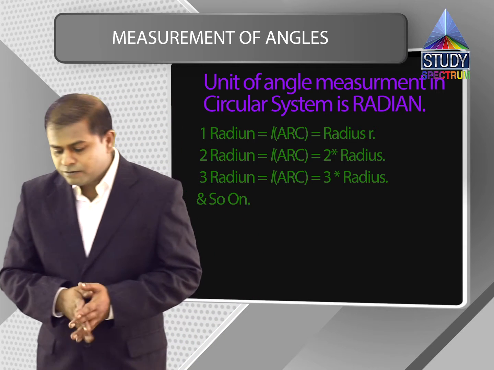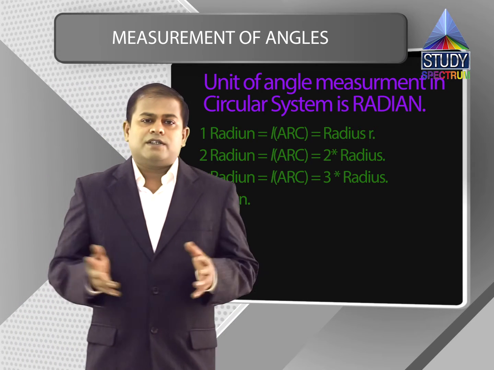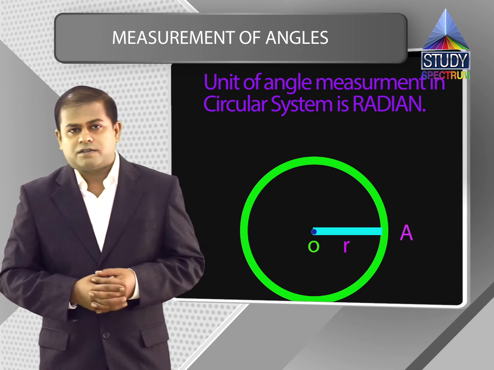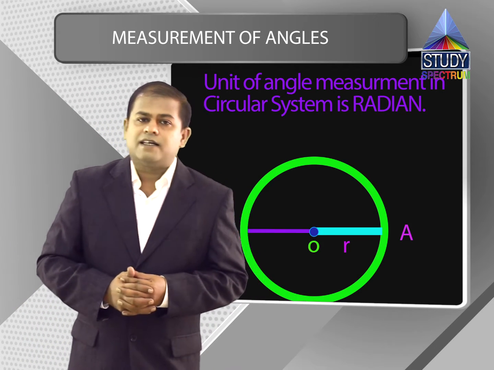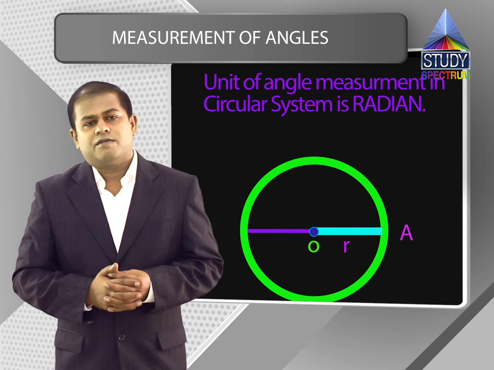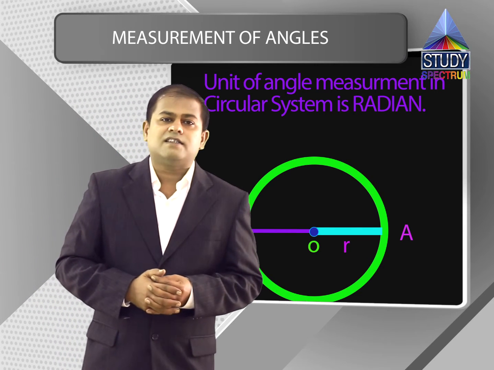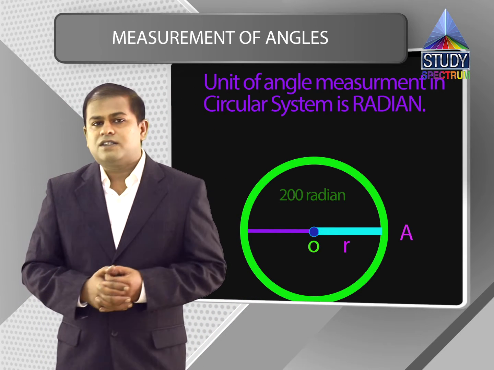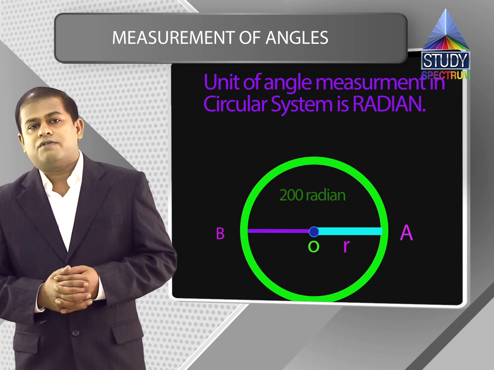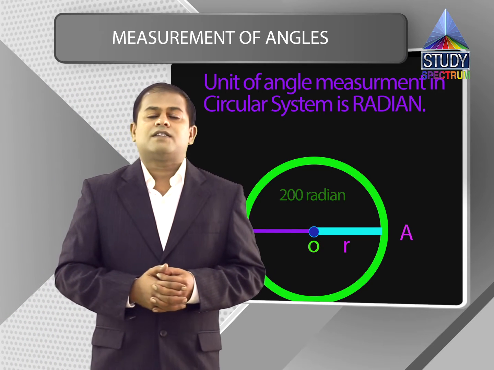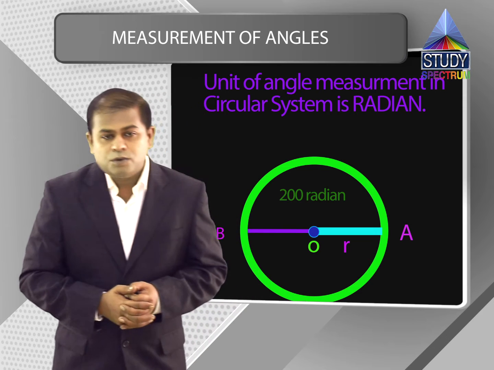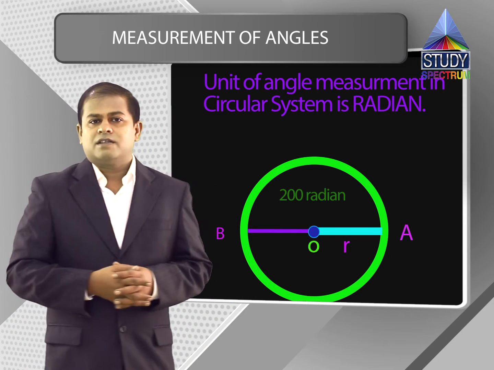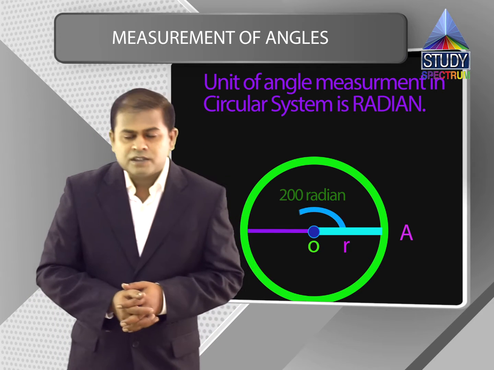Okay. Now, let us measure a straight angle in the circular system. We know a straight angle in the sexagesimal system measures 180 degrees. In the gradient system it measures 200 gradients. Now let's check the measure of a straight angle in the circular system. Let us draw a straight angle AOB with O as the vertex.